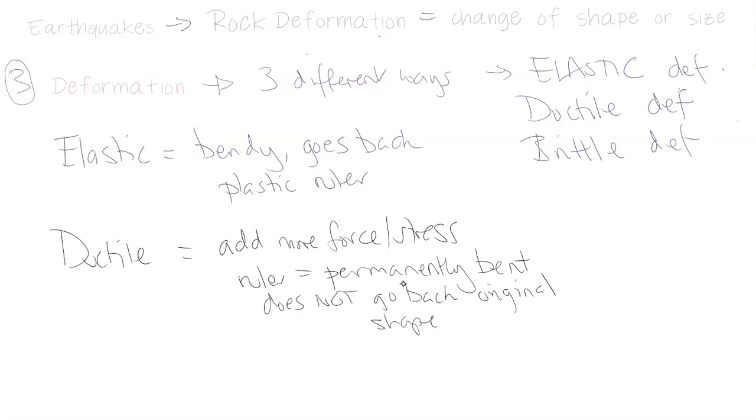You have forever bent the ruler. So that is ductile. You add more stress and more force applied, going beyond the elastic capability or threshold. There's a point in which that ruler turns from elastic to ductile. And then the last one is brittle.